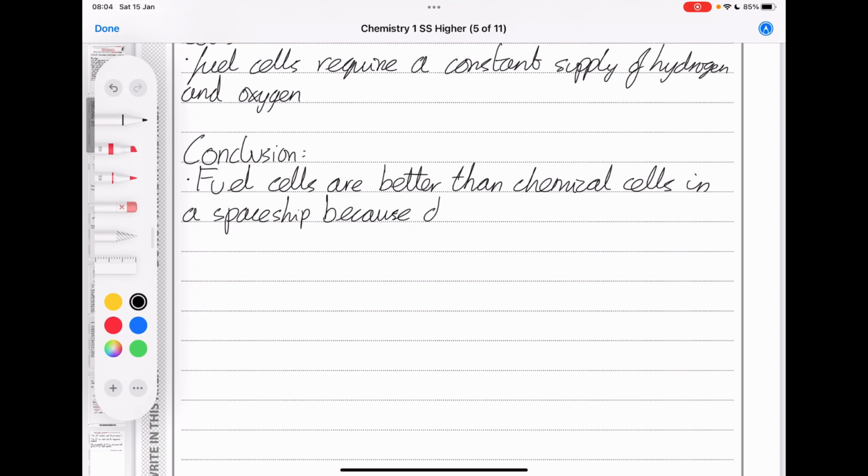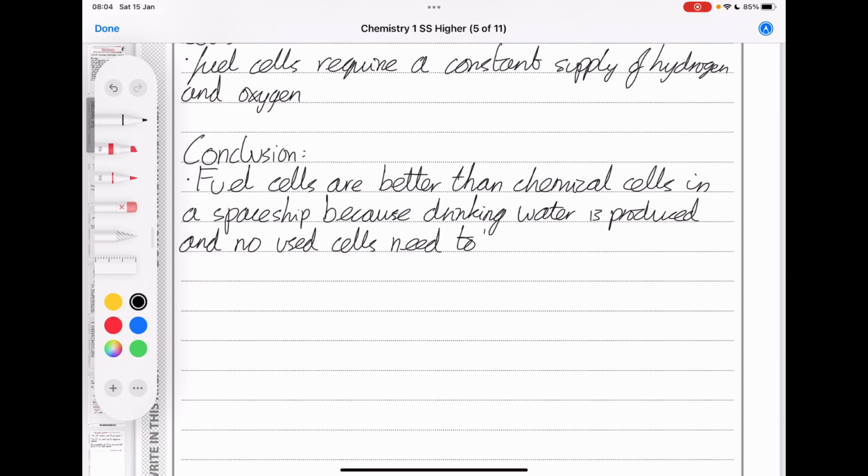So because drinking water is produced and no used cells need to be stored, which outweighs the risk of fire.